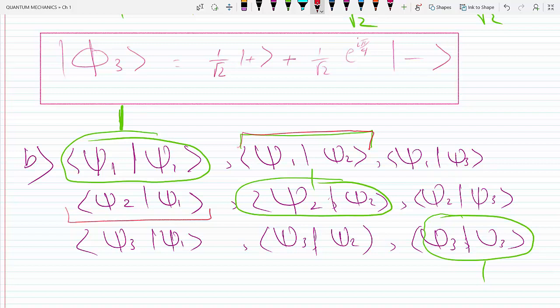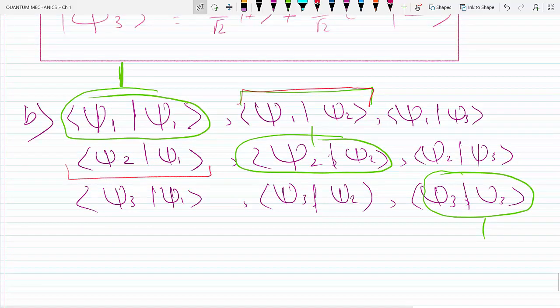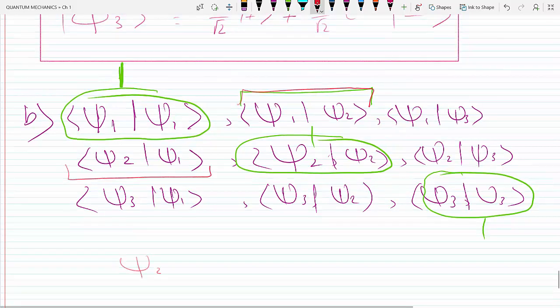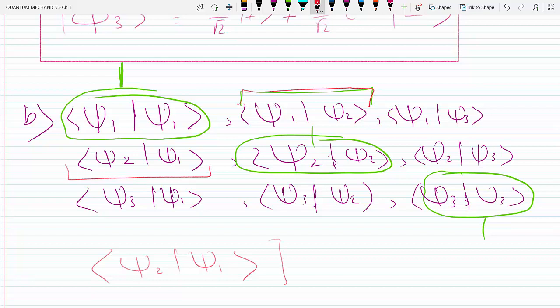When you do that, you take the complex conjugate of the multiplier, so you're switching between the real and the complex. They're going to be complex conjugates of each other. You understand what I'm saying? So psi 2, psi 1, if you take the complex conjugate of this, you will get psi 1, psi 2.